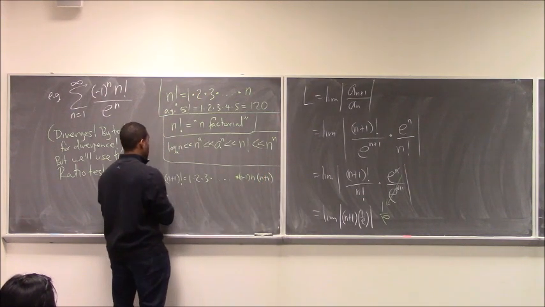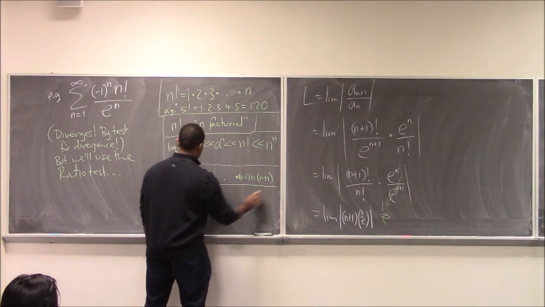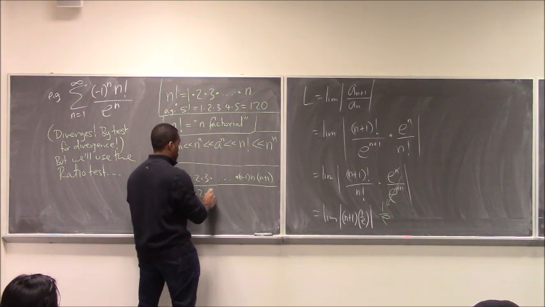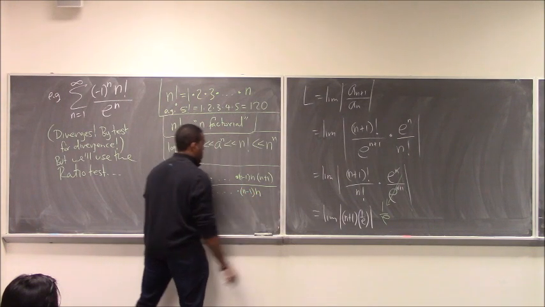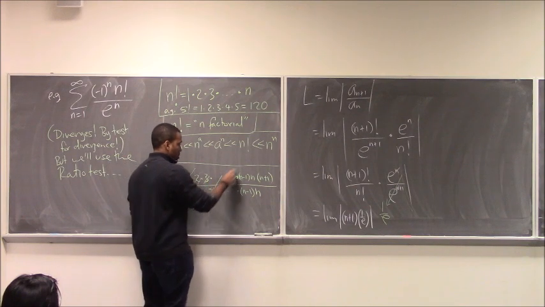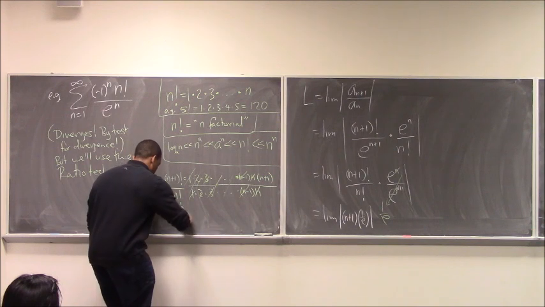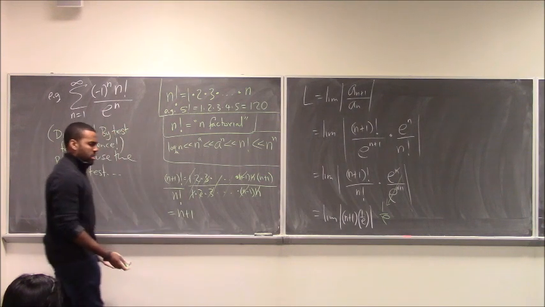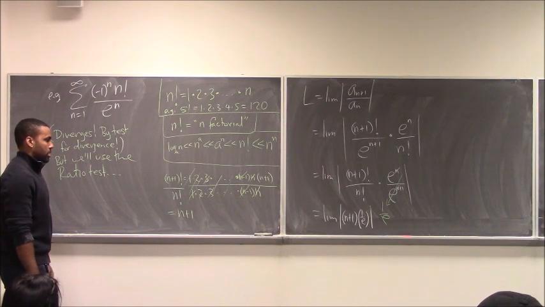And of course, n factorial means you're multiplying all the numbers up to n: 1 times 2 times 3 times n minus 1 times n. Notice that everything is going to cancel out except that guy. This is just n plus 1. Okay? And things like that you should be used to when computing factorials.